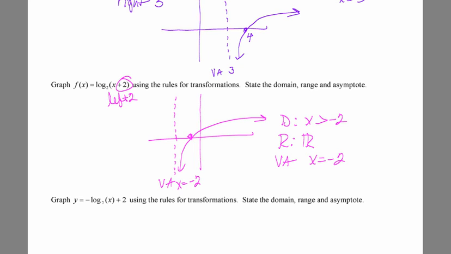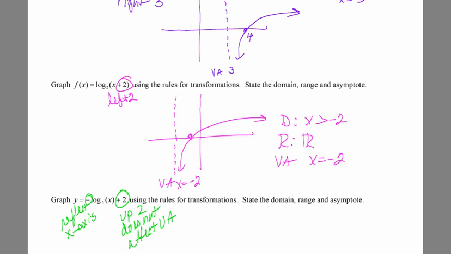Okay, let's think about this one. This indicates a shift up 2. Does not affect the vertical asymptote. This tells me we're going to reflect, and we're going to reflect across the x-axis.